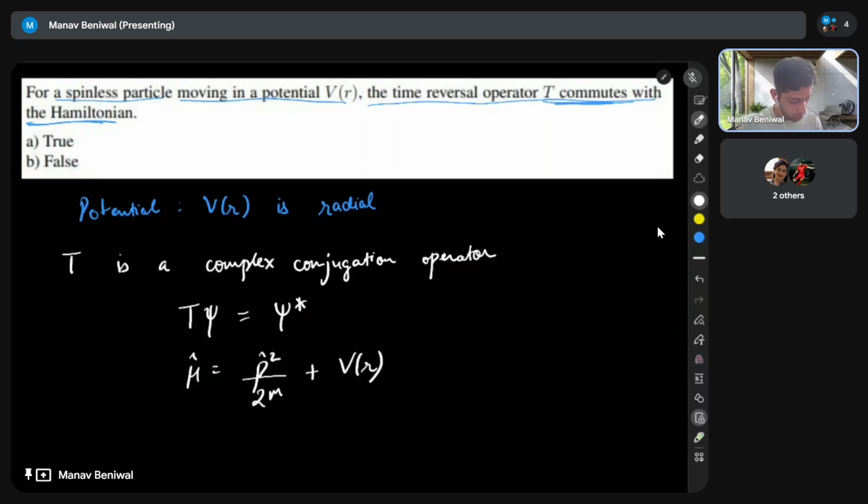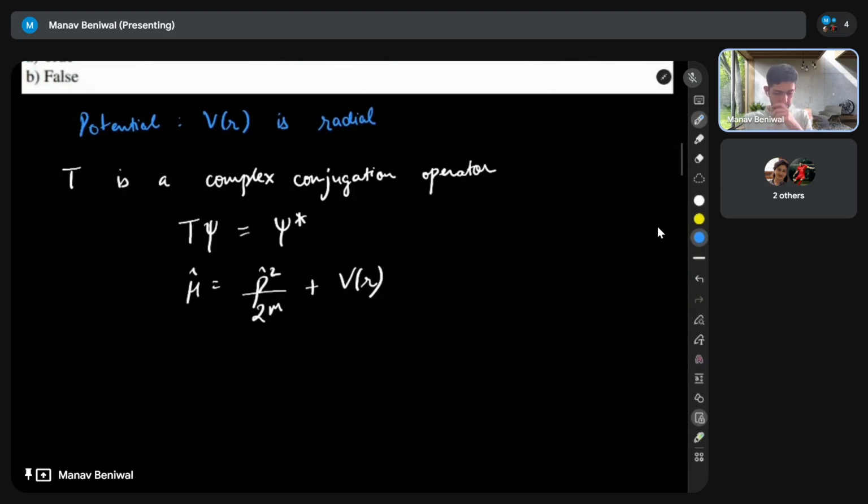Let's consider the momentum part first. We cannot write p as d by dx because we are in 3 dimensions, so we write the del operator.